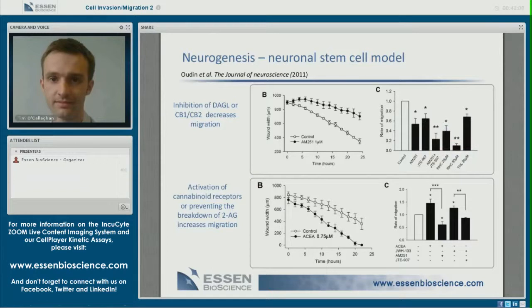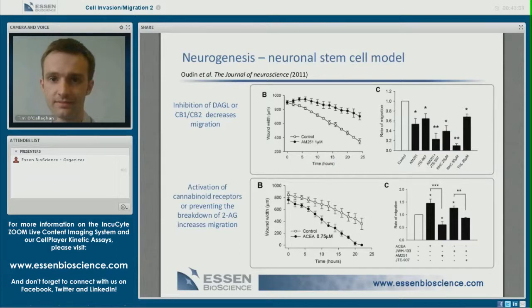Further, they showed that inhibition of diacylglycerol lipase, the enzyme that creates a primary cannabinoid molecule in the brain, also phenocopies this inhibitory effect in a concentration-dependent manner. Here they use an RHC antagonist to DAGL.